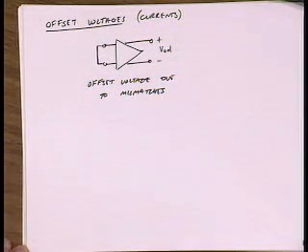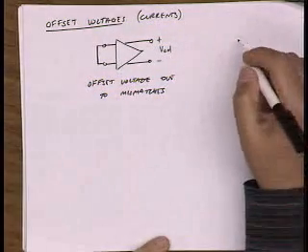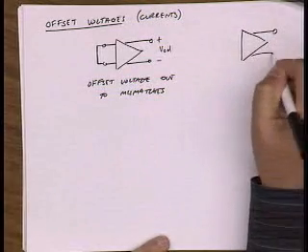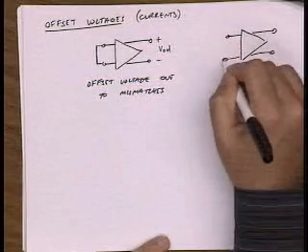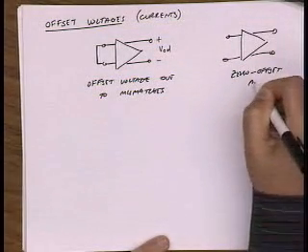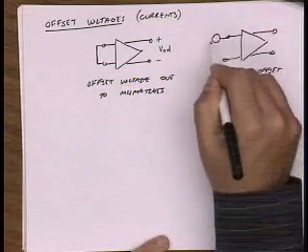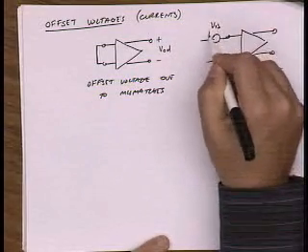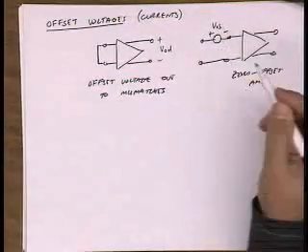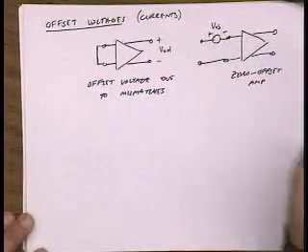So the way we model the offset voltage is we assume we have an amplifier with zero offset, and then in series we put a voltage, VOS. Polarity really doesn't matter because this again is a statistical quantity from part to part.